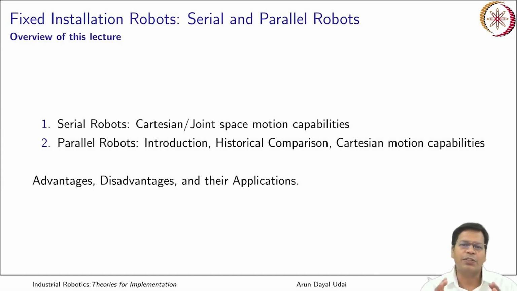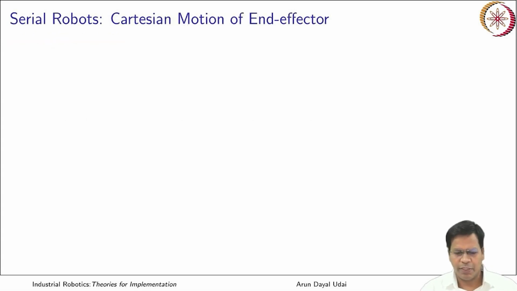Because these two kinds of robots are most widely seen on the industry shop floor. Most of the applications in industry made by robots use these kinds of robots. So let us begin with the serial robot first.